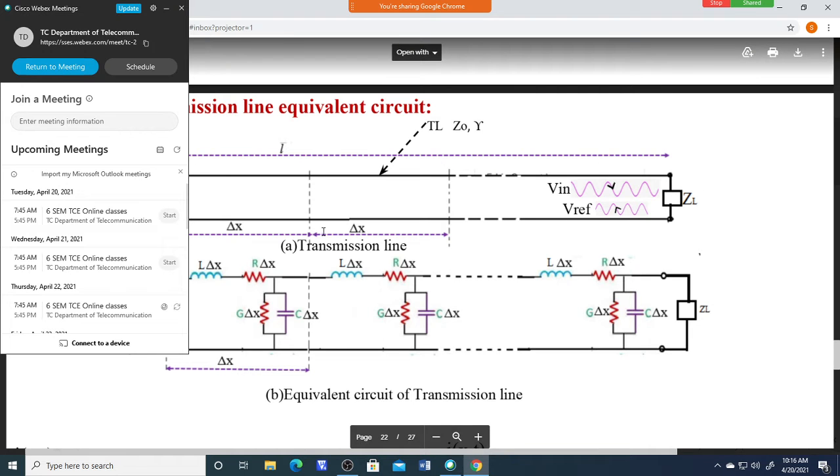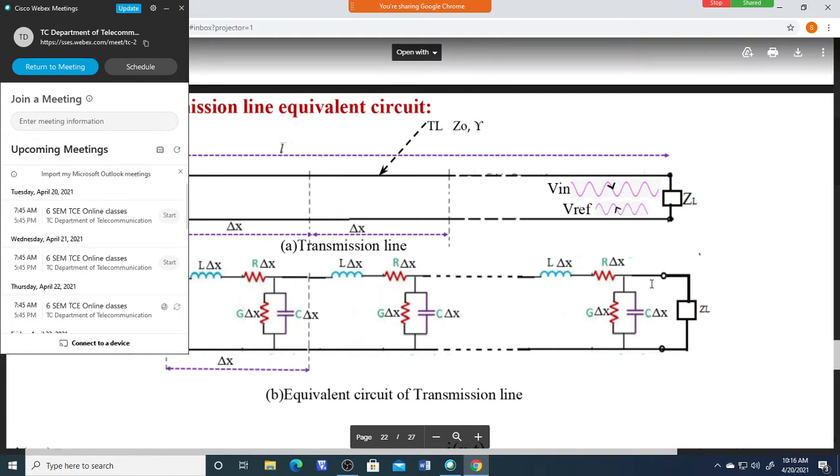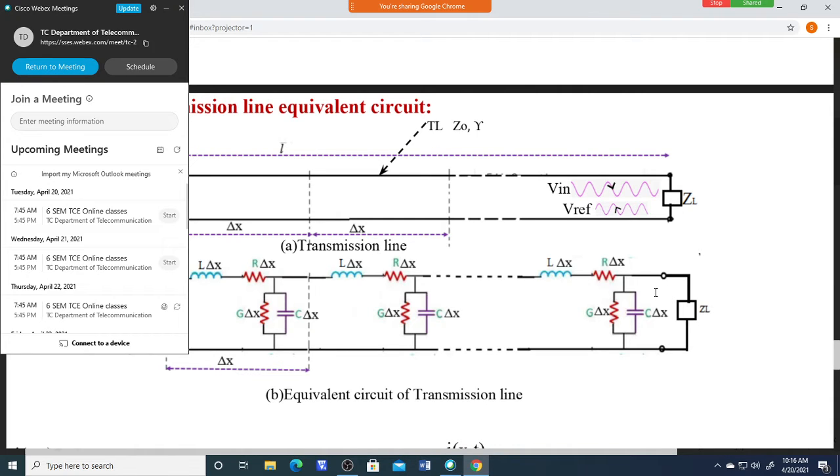As I said, all these components are expressed per unit length, so as the length increases, the values go on adding. So by the time the signal reaches here, it has a change in its amplitude as well as in its phase.